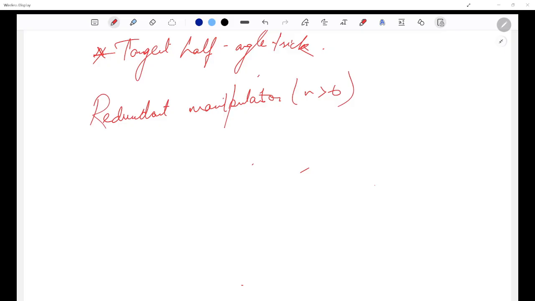Our space has just 6 degrees of freedom. Anything that you do in our space has 6 degrees of freedom. But what if you have more motors attached with more degrees of freedom? In that case, you get infinite inverse kinematic solutions. So how do we deal with this then? We go for optimization.